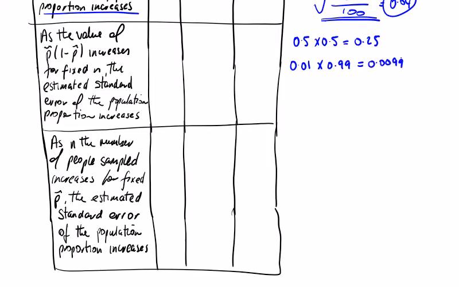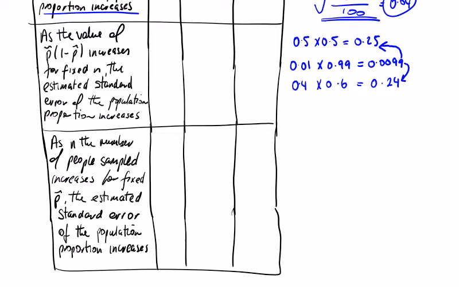So it's a tiny number. It's going to increase from here to here. So what about 0.4 by 0.6? Well, you can see that's going to be 0.24. So this value is increasing from here to 0.24 and increasing again up to 0.5 by 0.5.